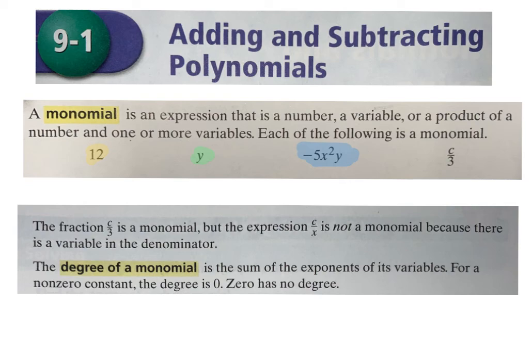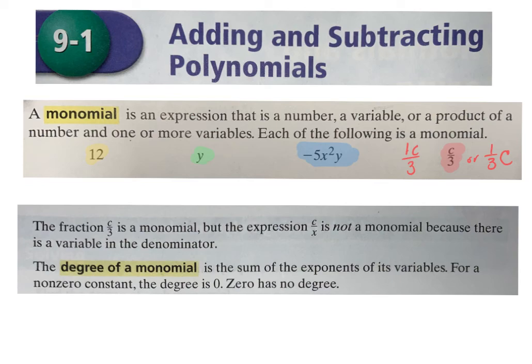If you look at this one, c over 3, that does not look like a product when you first look at it. It actually looks like division, but you can write this 1c over 3 or 1/3 c, which is a number times a variable. So it tells you this.